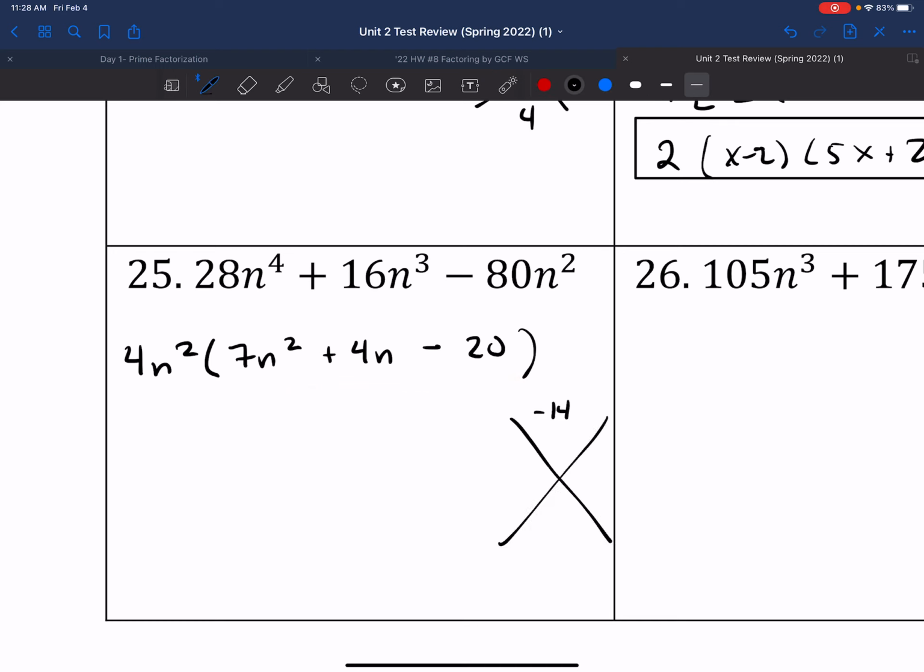So I'm negative 140, right? And I'm left with 4 here. So now I'm thinking, okay, what are the numbers that multiply together to give me negative 140 and add up to 4? Can I do this? I have no idea. I'm trying to think.